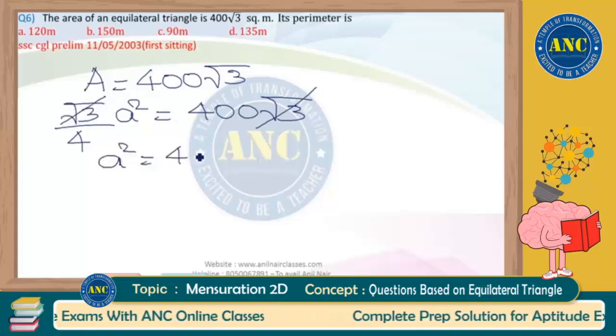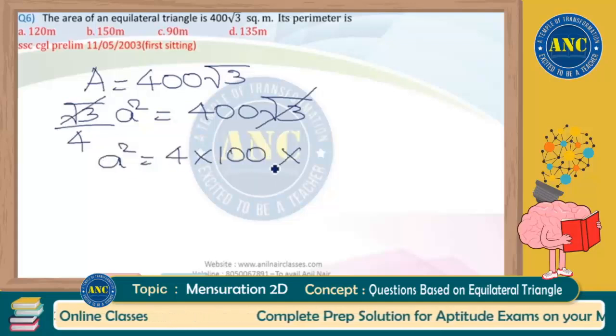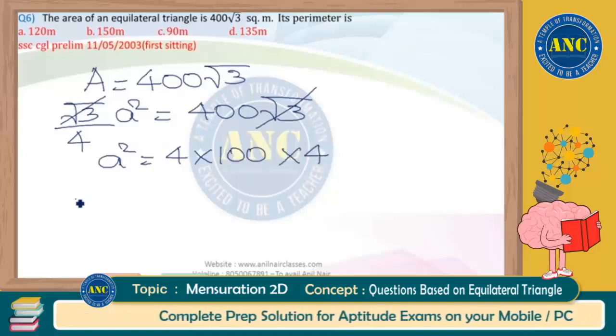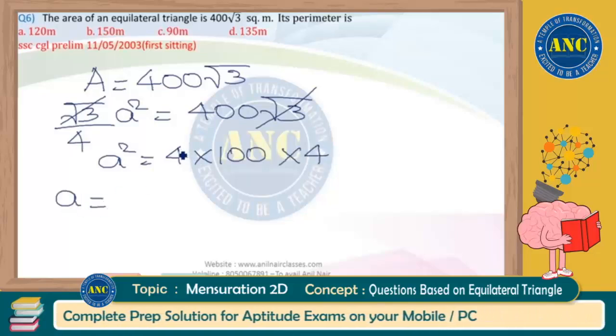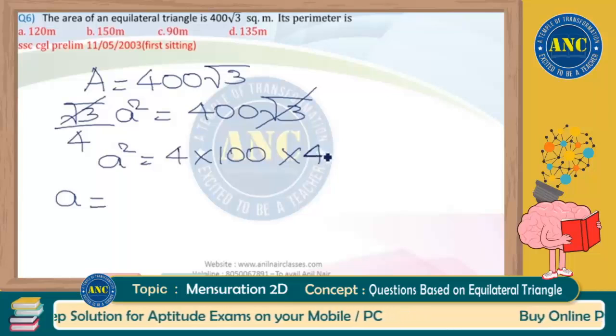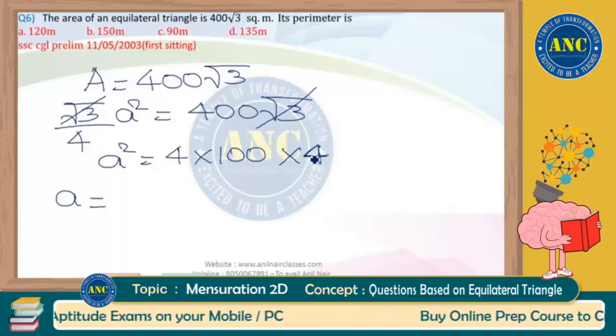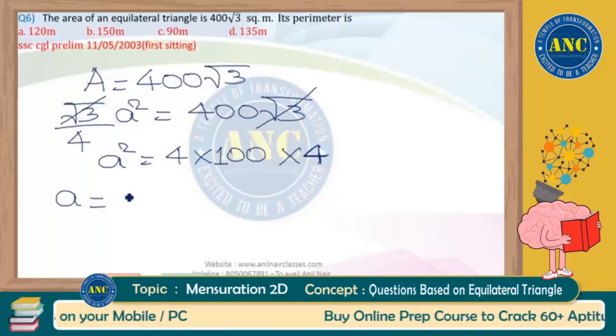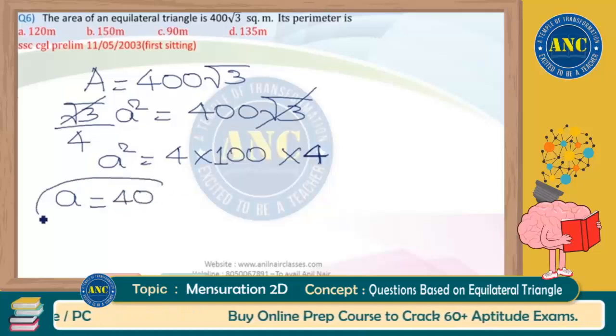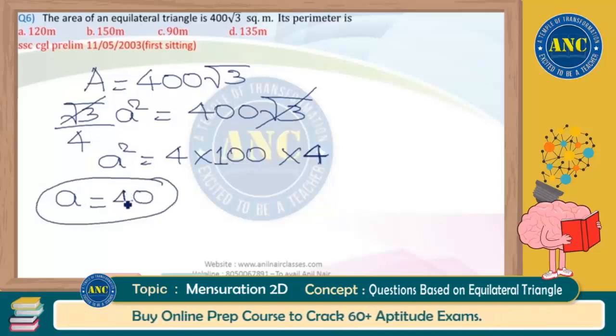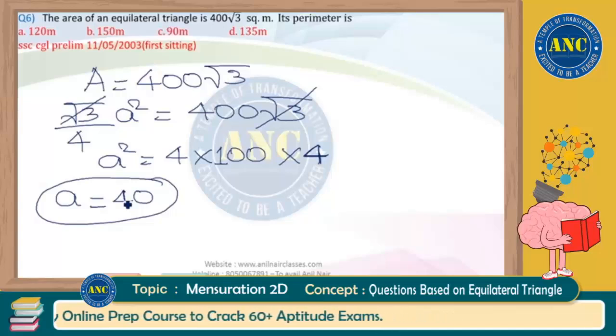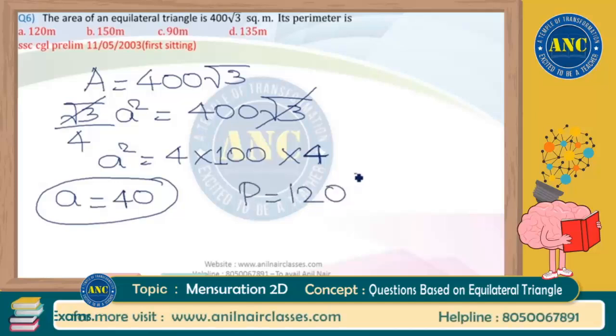A square is 4 into 100, 400. Multiply by 4 and a value is the square root of 4 which is 2, times the square root of 100 which is 10, so a value is 40. I got the length of the side. But the perimeter of an equilateral triangle is a plus a plus a, which is 3a. So perimeter is 40 into 3, which is 120 meters, option E.